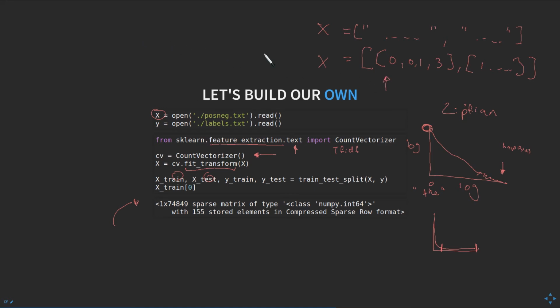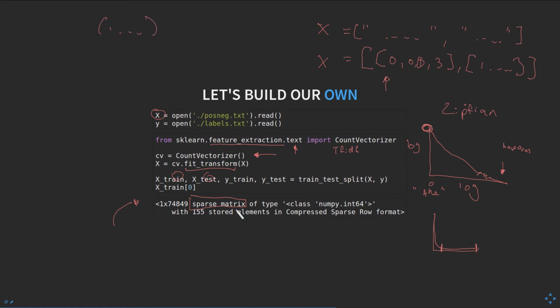So we're only interested in the ones that actually are non-zero, and then a sparse matrix format just saves the coordinates of the things that are actually non-zero within this matrix. So it will generally look like some coordinate and then some value.